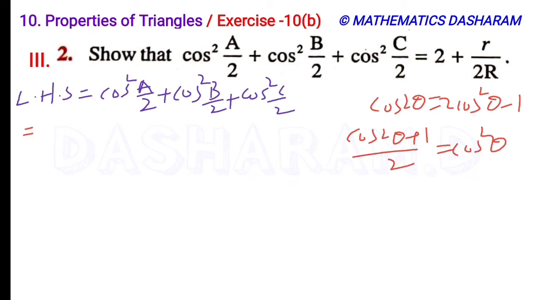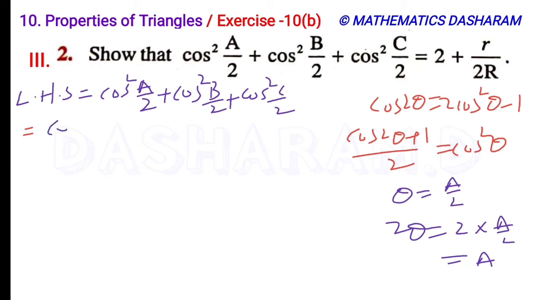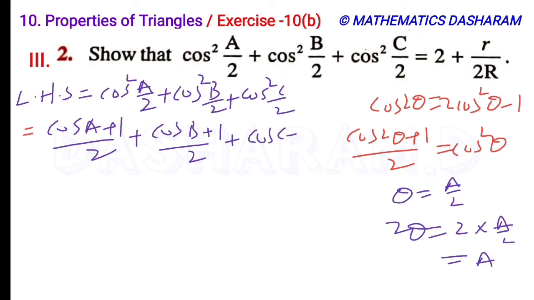So then it is equals to, here theta equals to what? A by 2. Then 2 theta equals to 2 into A by 2. So then it is equals to A. So then its answer is cos A plus 1 divided by 2. Similarly for this cos B plus 1 divided by 2, cos C plus 1 divided by 2. So here LCM is 2.